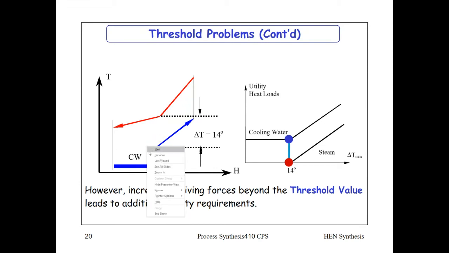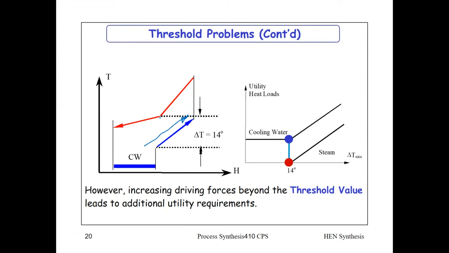Let me maybe get a pen and ink color blue, and let's just draw it in over here somewhere. Nice straight line. That's an arrow. Okay.